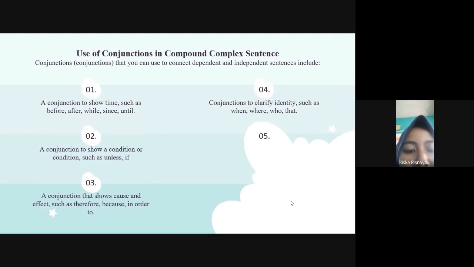And the third one, a conjunction that shows cause and effect, such as therefore, because, and in order to. And the fourth, conjunction to clarify or identify, such as when, where, who, that. And the last, conjunction to show opposites, such as although.